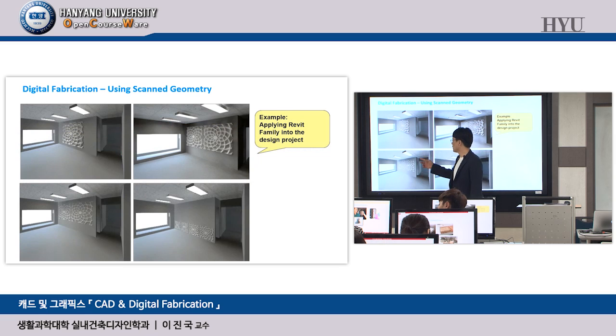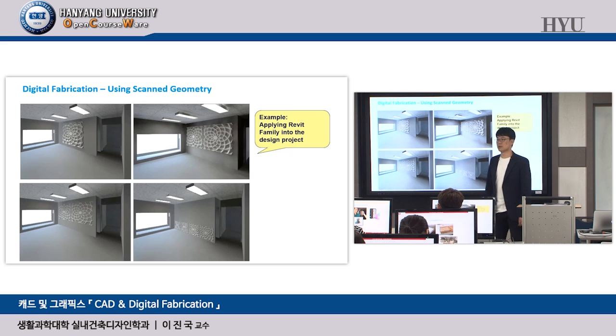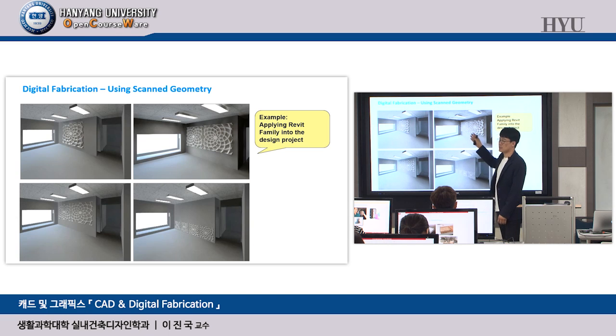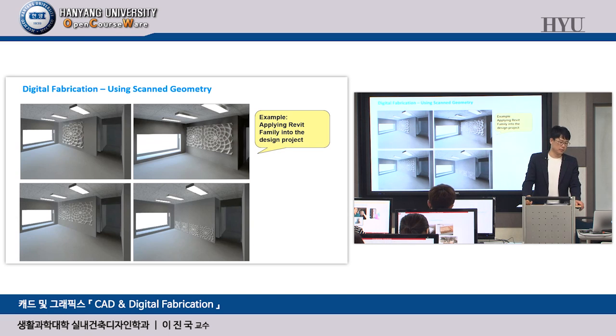And this is actually a Revit application, and you can reuse the given design. Design from the real world can be used in this way. So a Revit family goes into the design project. This is one example of a Revit family application, not from your tool, not from your brain.